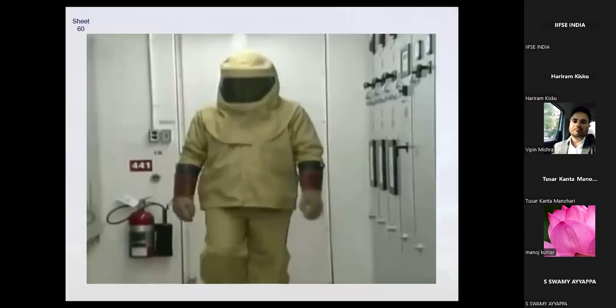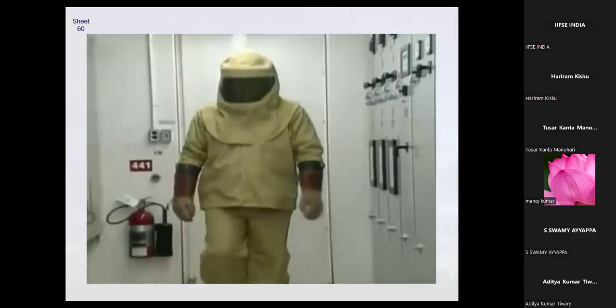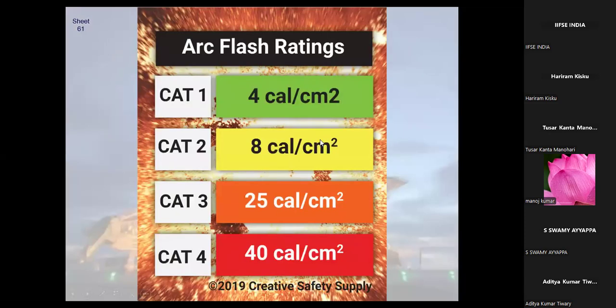Okay, sir. Then here, this is the dress used for the arc flash. If a person is working on high voltage, this is the must dress. And this dress has a rating. So here the arc flash ratings are of different categories.